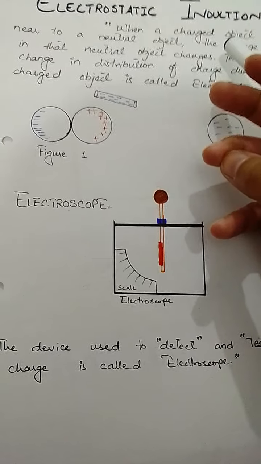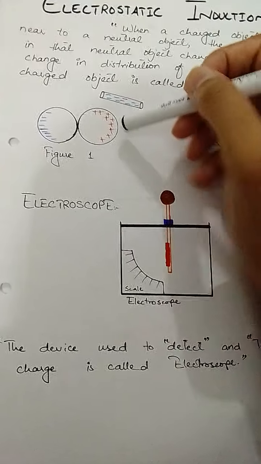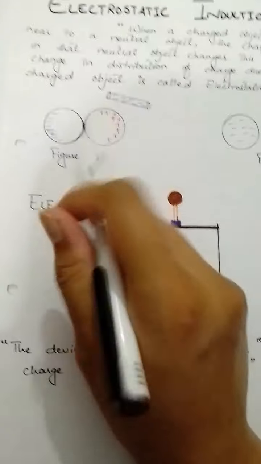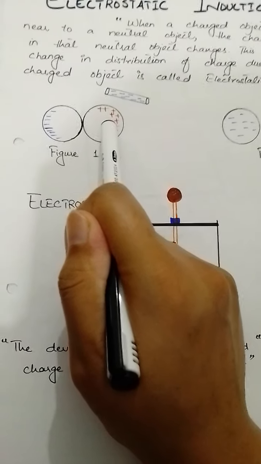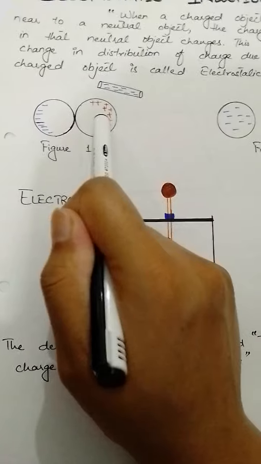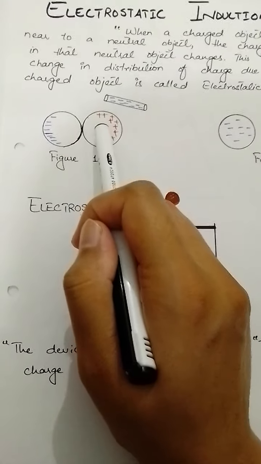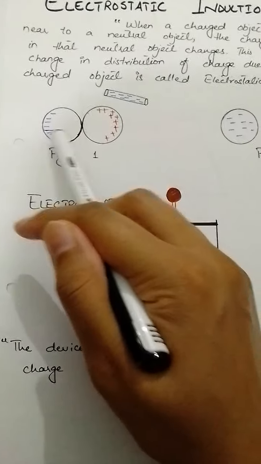A nucleus is a very heavy part of an atom, so basically the nucleus won't move. What happens is that the electrons, the loosely bound electrons of the atom, will be repelled by this rod, and they will travel to the other point of the system.